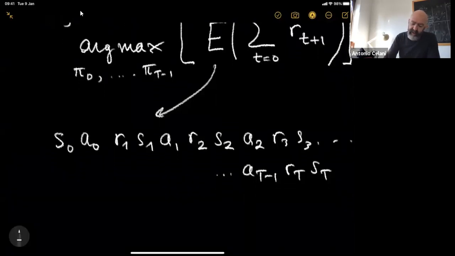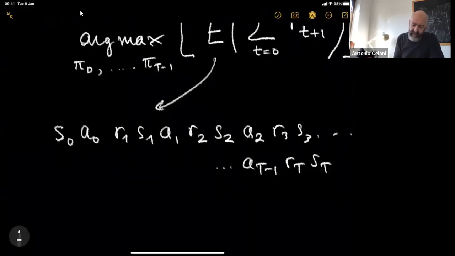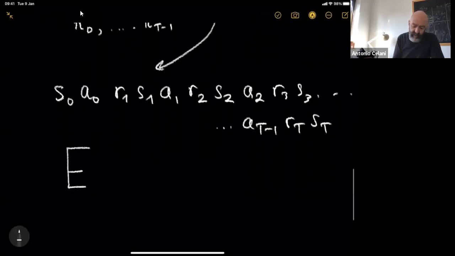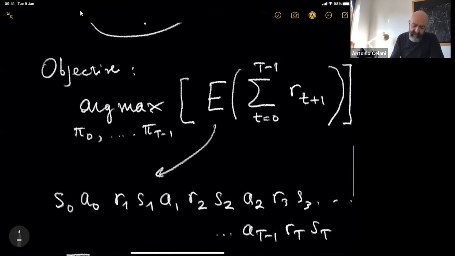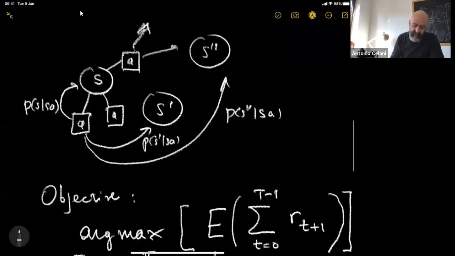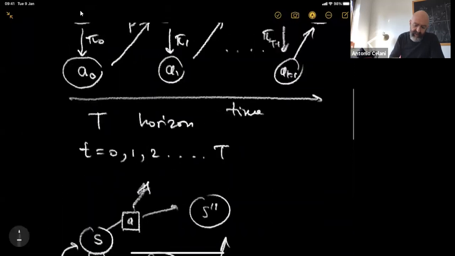What does this expectation mean here? Well, it means that we are taking the expectation with respect to, this is a notation which is very much used in stochastic processes and in mathematical statistics. So we're going to pick our action A_t from the policy pi. Here, if I define it like this, the action 0 is taken from the policy pi 0.